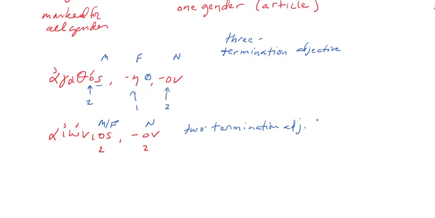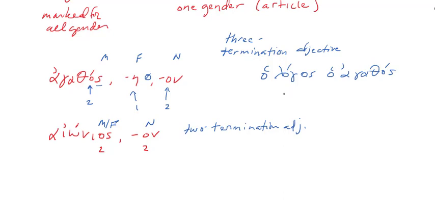So this will look a little bit funny to you. Let's just do an example here real quickly. Let's talk about the good word: ho logos, agathos. The word, the good, is the good word. Notice that my masculine singular noun, logos, has agreeing with it a masculine singular form of the adjective.